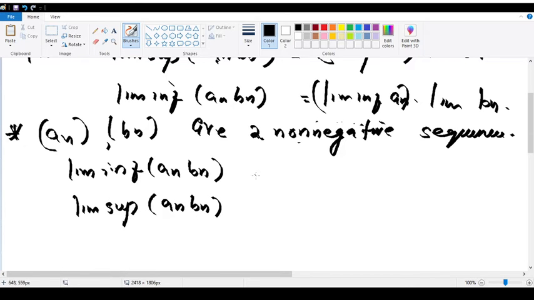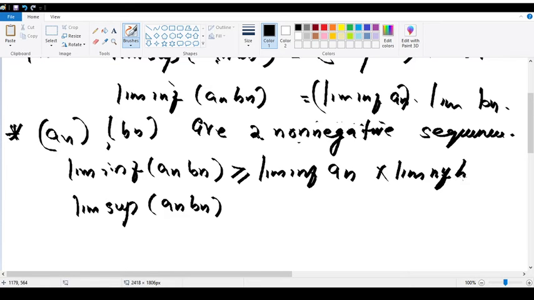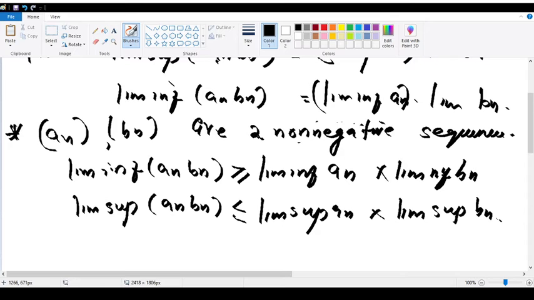Limit inf of an bn is greater than or equal to limit inf of an into limit inf of bn. Similarly, limit sup of an bn is less than or equal to limit sup of an into limit sup of bn. Not necessarily equal. But when an is bounded and bn is convergent, in that case they are equal. But if we take two arbitrary sequences, it is not necessarily equal. Okay?